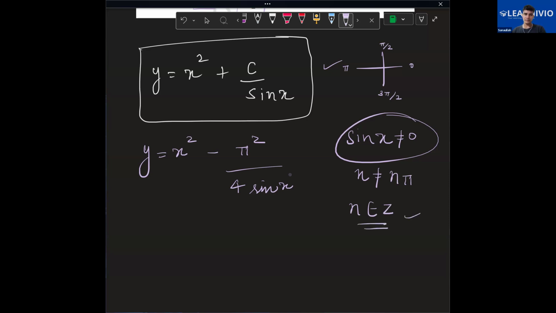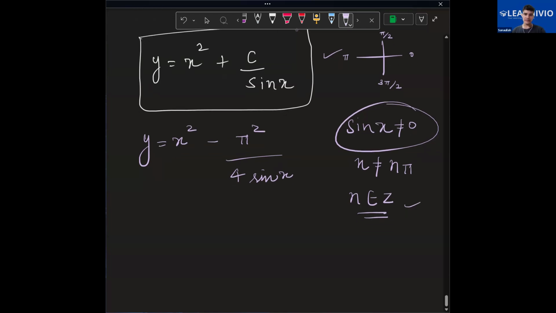Is it clear? If n is 0, then sin 0 is 0. If n is 1, then sin pi is 0. And again 2 pi, sin 2 pi is 0. Again 3 pi is 0. है ना? So this is the right answer.